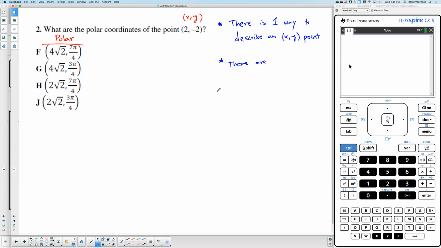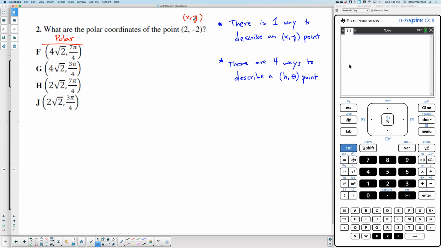I see a 3. It's not a 3. It's not a 6. It's 4. There are 4 ways to describe a polar point. I'll do an h, theta point just to stay consistent.